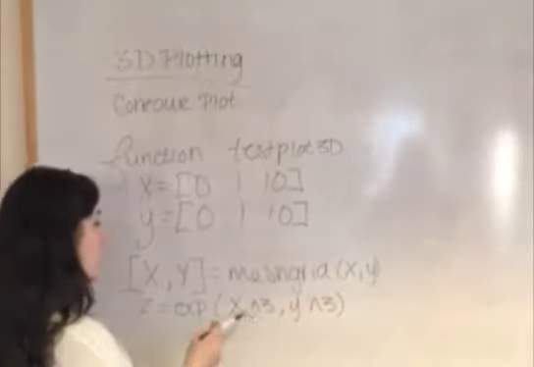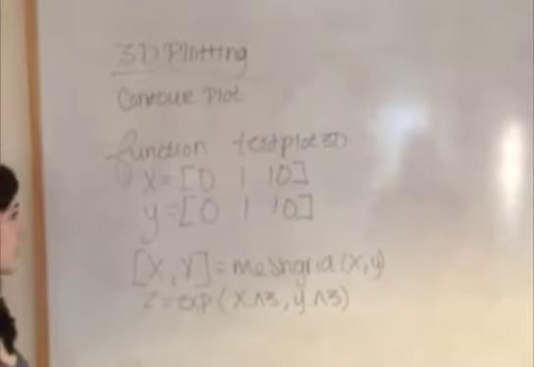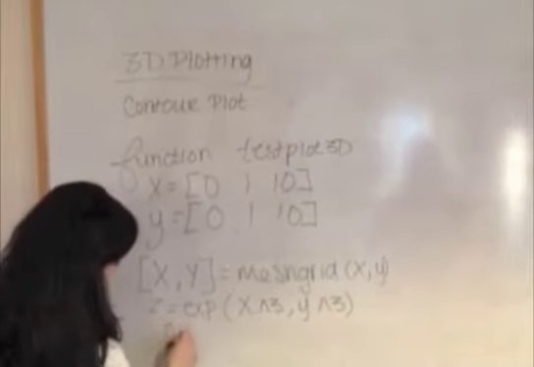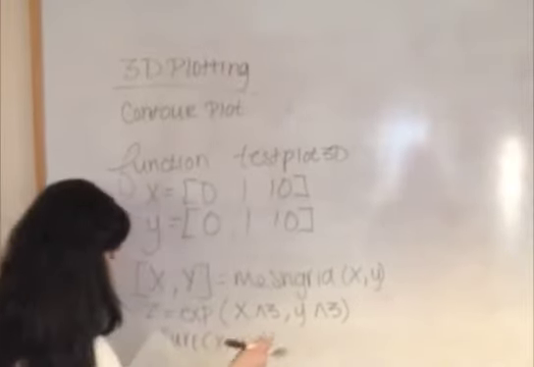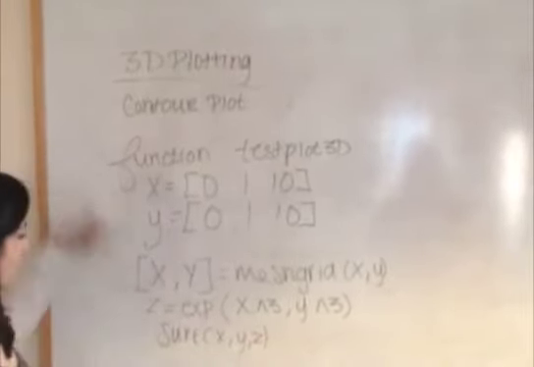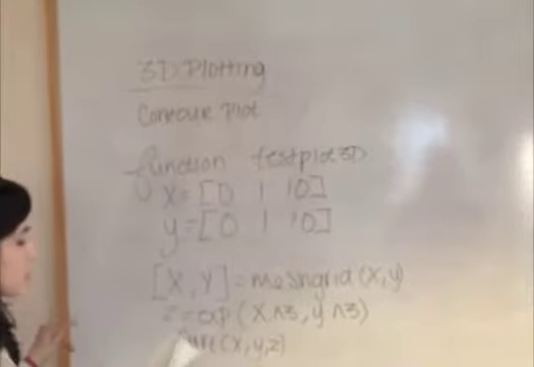And notice that I'm using the periods because x and y are both arrays. We can also do a surf now that we've defined the z variable. So x, comma y, comma z. And after we've done all this, we can end this. And this will create a contour plot.